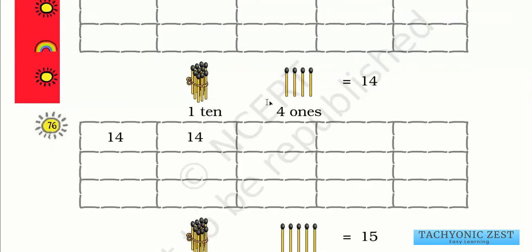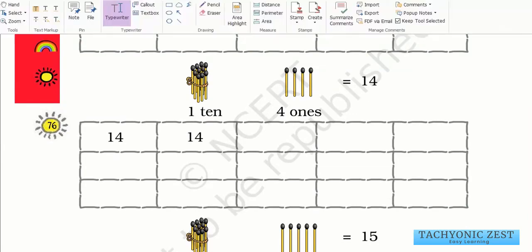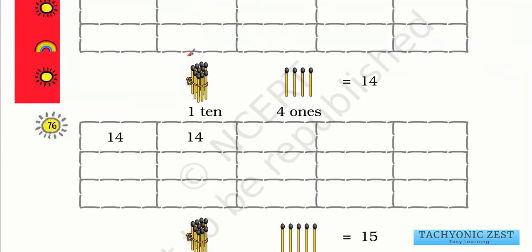Now 110 4 ones. Okay, so 110 means there are 10 matchsticks. So this 110 is equal to 10. Okay, so 110 means one group of 10. So one group of 10 means one group of 10 matchsticks. So how many total matchsticks are there in this group? 10 matchsticks.